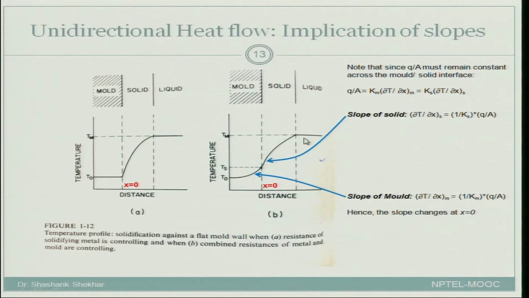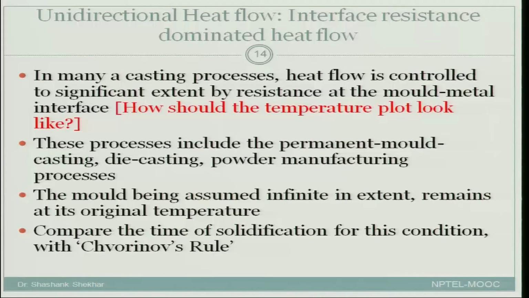And we found the reason: the solid is cooling down from Tm, while the mold is getting heated up from T0, the room temperature. If you assume there is no interface resistance, there is also a relation between the slopes at the mold metal interface on the two sides, the solid and the mold side. These are some of the important implications that we looked at.